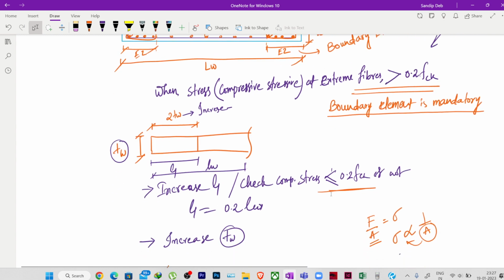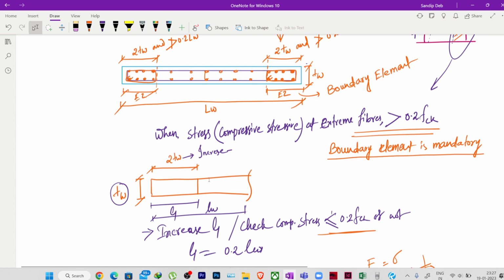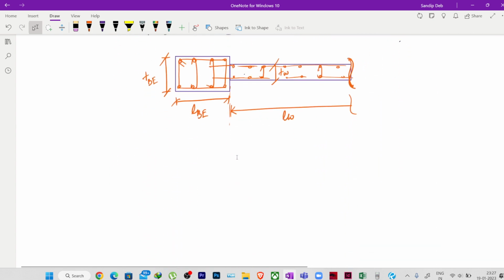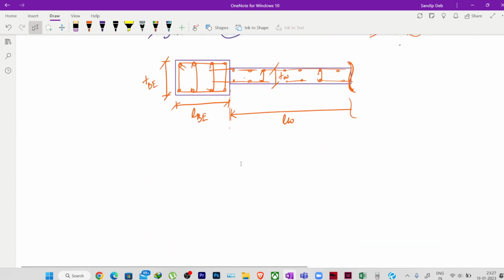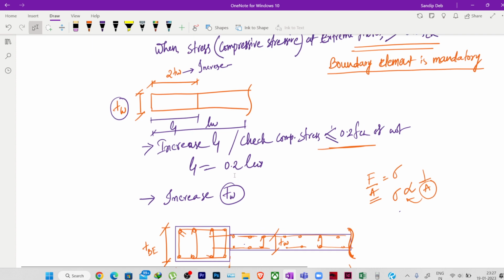Or first of all we had a stress more than 0.2 FCK in some floors. Suppose we have a multi-storey building of G+10 or G+12, and up to the 5th or 6th floor we had the stress above 0.2 FCK. So to reduce the stress we have provided the boundary elements, stiffer sections.